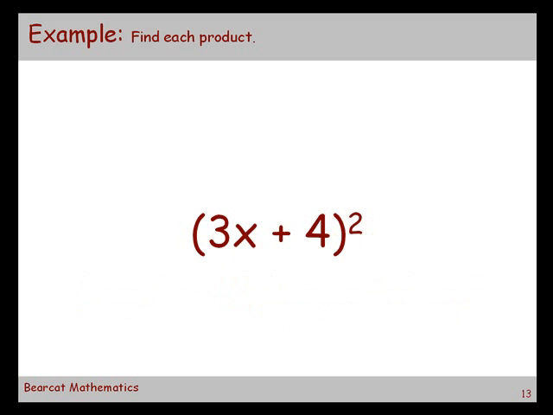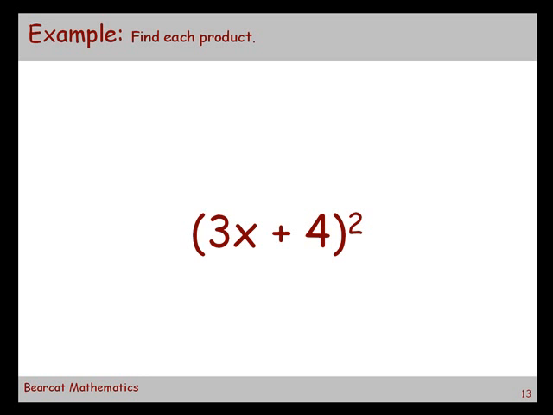So this one's a little easier. Think about it for a second. Okay, here we go. 3x, if we square everything, we get what? 9x squared, right?